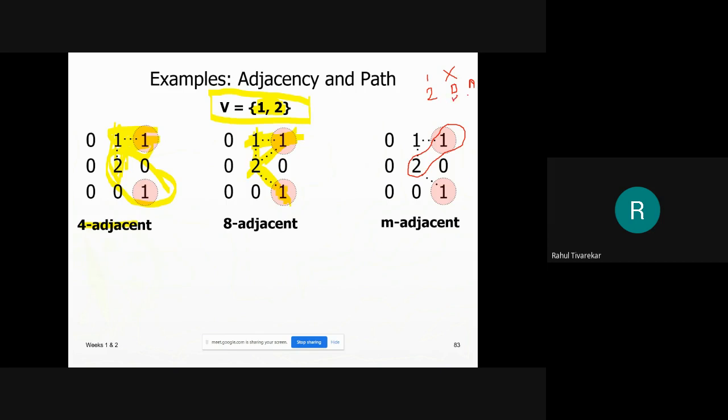But the second condition, the AND condition, is not getting satisfied. Why? Because the N4P for this element includes 1, which is this, and N4Q for this element is again 1. So N4P intersection N4Q has a common element which is a part of V, and hence this condition is not satisfied, and that's why both the conditions for M adjacency are not satisfied.